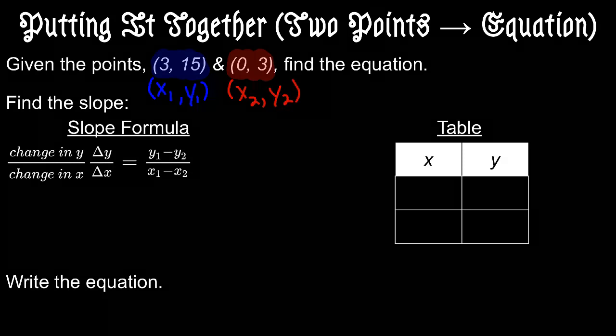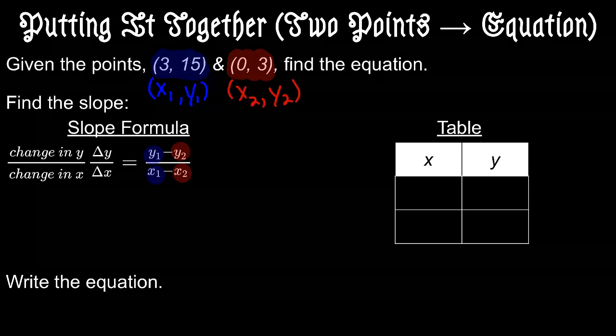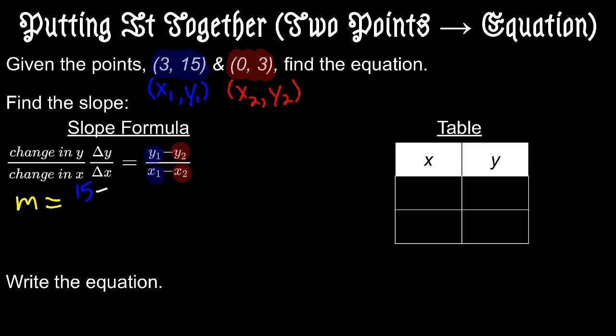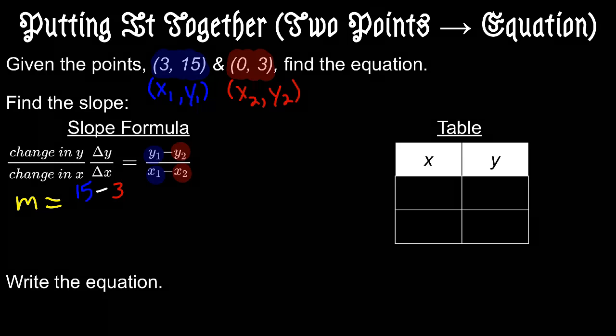All right, so x1 and y1 are going to be blue, x2 and y2 are red. So here our slope is equal to y1, which is 15, minus y2, which is 3, over x1, which is 3, minus x2, which is 0.